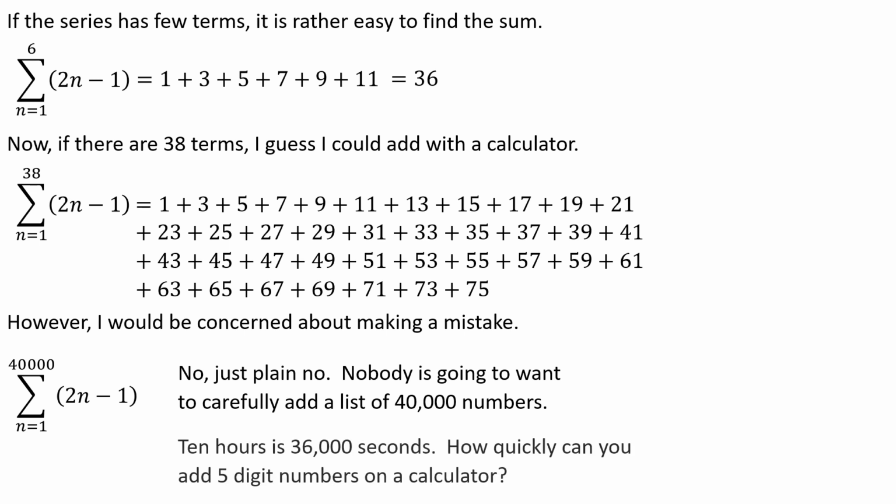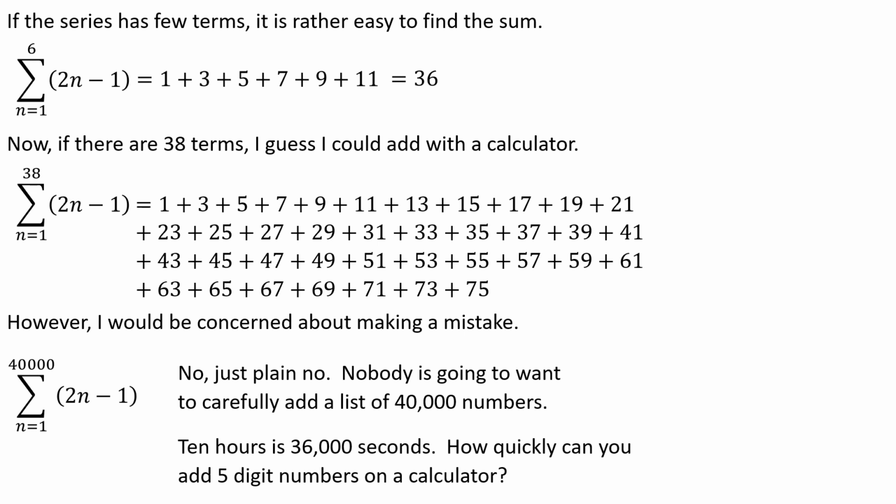How big is 40,000? Well, 10 hours is 36,000 seconds, right? There's 60 seconds in a minute, 60 minutes in an hour. So if I had 10 hours, that's only 36,000 seconds. And you're thinking, well, gee, I could do 1 plus 3 plus 5 plus 7.